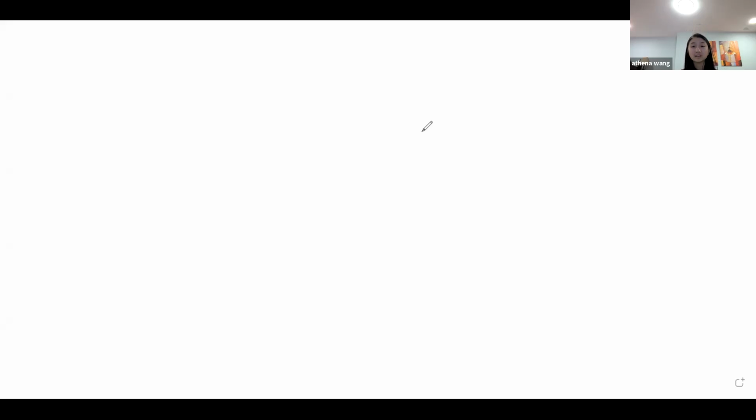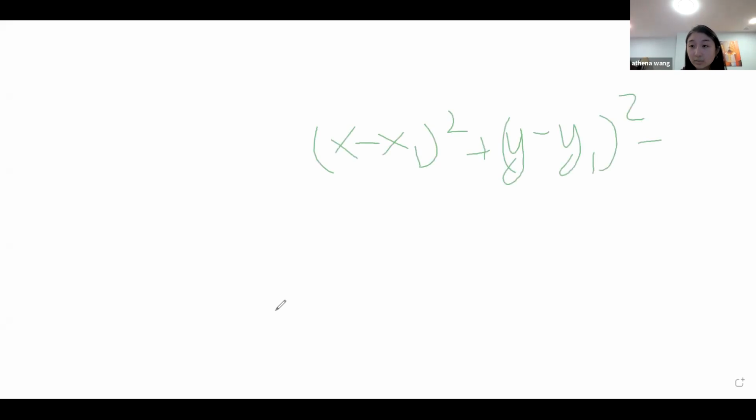Okay. So in our equation of a circle, we have both the x values and y values on the same side. It is x minus x1 squared plus y minus y1 squared equals the radius squared.